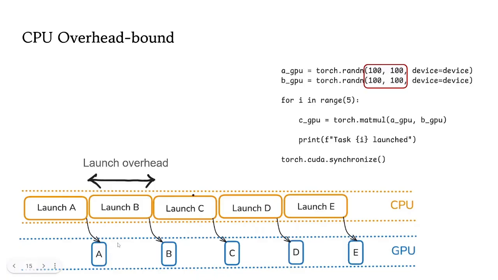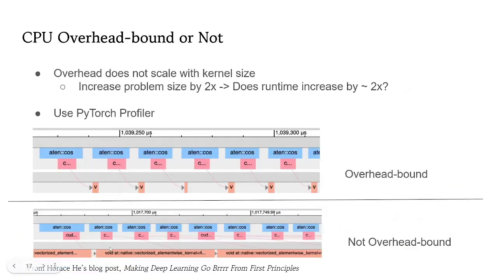Anyway, it will take longer to execute. But even then, our total execution time would be dominated by the CPU overheads. So we can try to increase the problem size by a factor of 2 and see if our runtime has increased proportionally. If not, then we are bounded by the CPU overheads.